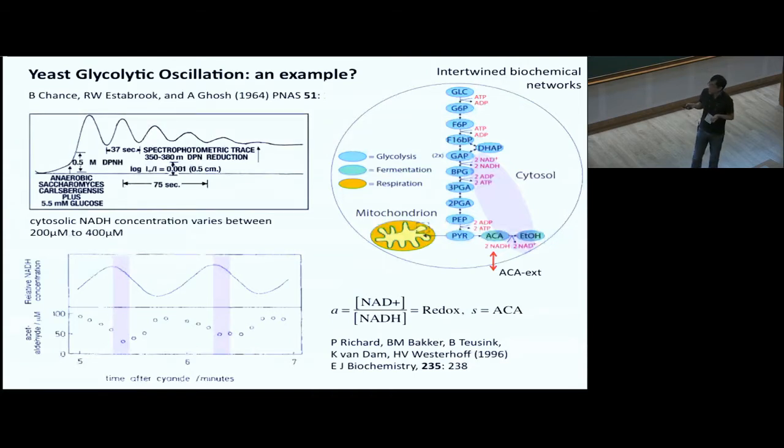So this is very, very complicated. Of course, people have tried to write down very complicated rate equations, maybe like 50 rate equations. And sometimes when they are lucky with the parameters, they can actually reproduce some of the oscillations.